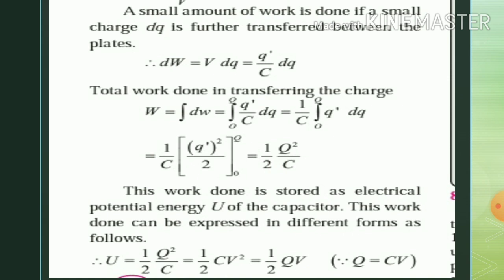These three forms of electrostatic potential energy in the charging process of a condenser or capacitor are most important in the HSC board theory exam for 3 mark questions, and also are used in the HSC board exam to solve 2 mark or 1 mark numericals.